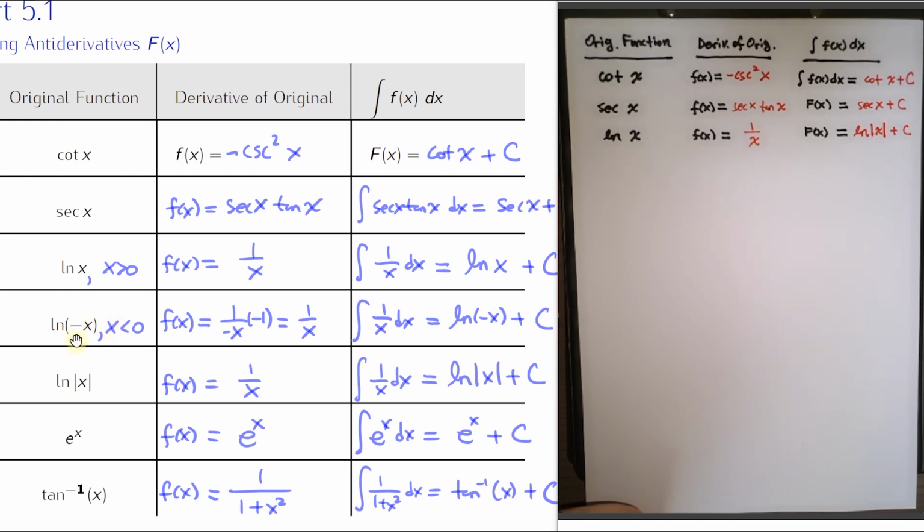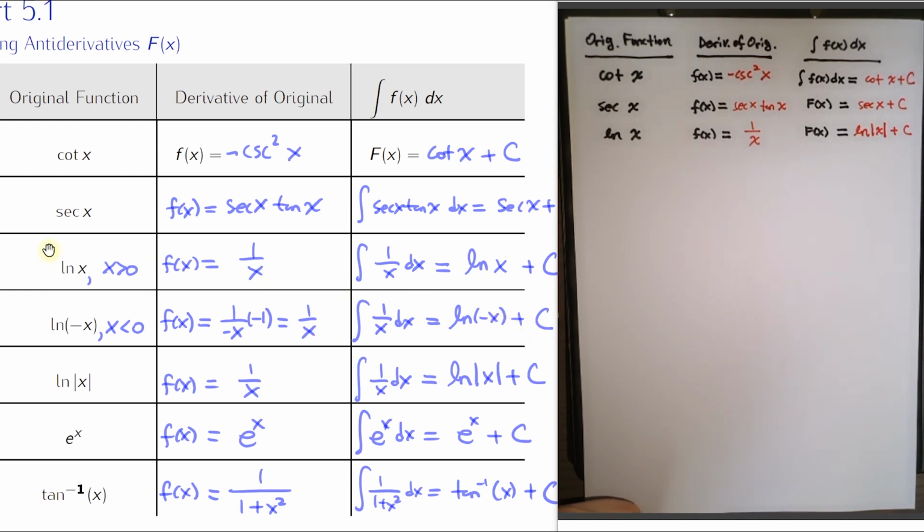So ln of negative x, and take the derivative and you get 1 over negative x times negative 1 by the chain rule. Well, negative negative makes it positive. Did you notice that we have 1 over x? Hence, the integral of 1 over x is equal to the original function ln of negative x plus c.